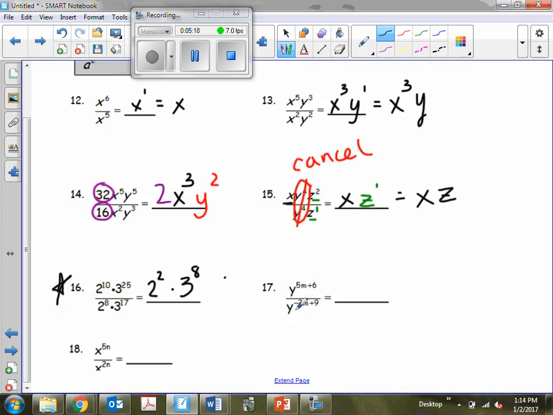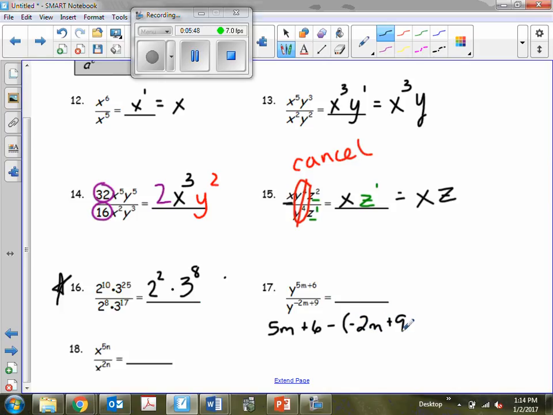On number 17, my y's are my bases, but now I'm going to take 5m plus 6 minus negative 2m minus 9. The easiest thing to do whenever you're given an algebraic representation like this is to actually write it out. So you would have 5m plus 6 minus, and then the whole quantity of negative 2m plus 9.